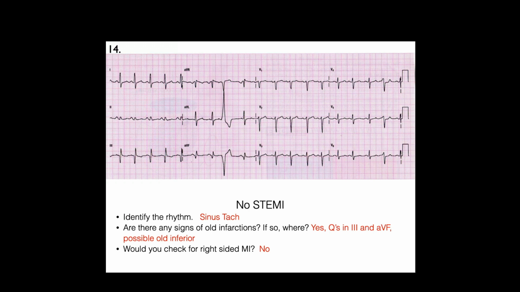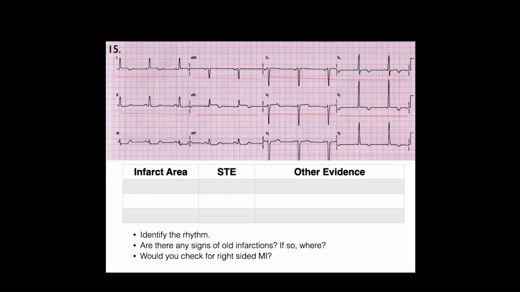In this case, even though we keep saying, oh, normal variant, this is a huge Q wave. It's bigger than the R wave, it's wide, it's huge. And also it's an association with that one. So I think it's reasonable to say there's an old inferior STEMI here. But nothing acute. And then I think this is the last one.